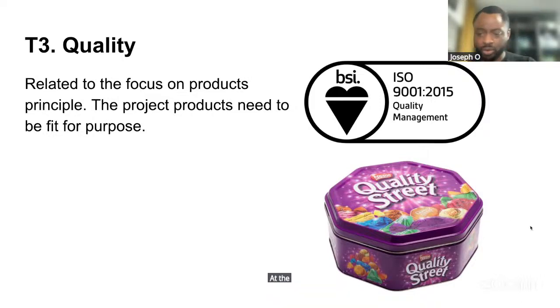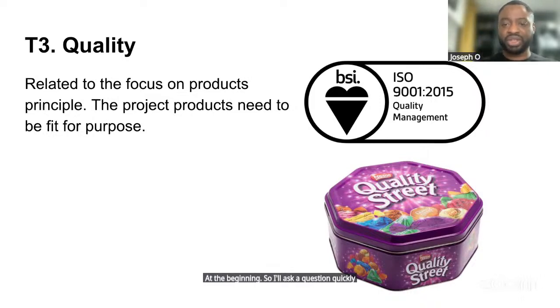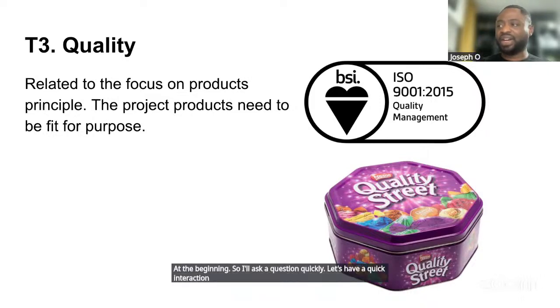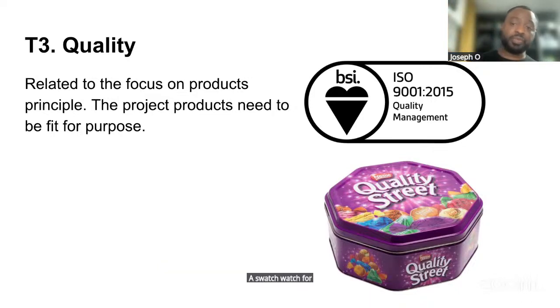So I'll ask a question quickly. Let's have a quick interaction. If I asked someone to buy me a Swatch watch and gave them 200,000 pounds to buy it, okay, that's a lot of money for a watch.